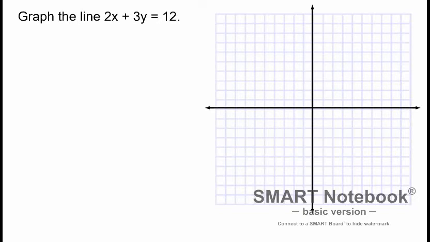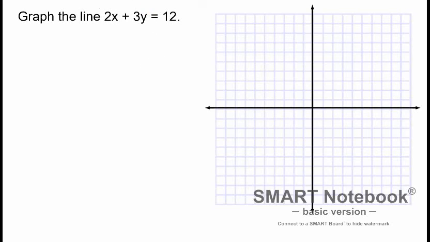Back once upon a time when we were talking about linear and non-linear, the whole thing came down to if you can look at an equation and look at the variables and they are all to the exponent of 1, we can say for certain that it's going to be linear. So it is nice that they said graph the line 2x plus 3y equals 12, but if they didn't, we would still be able to figure out that this is going to be linear.